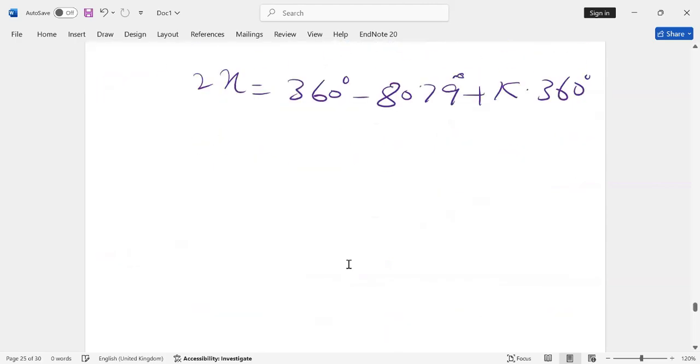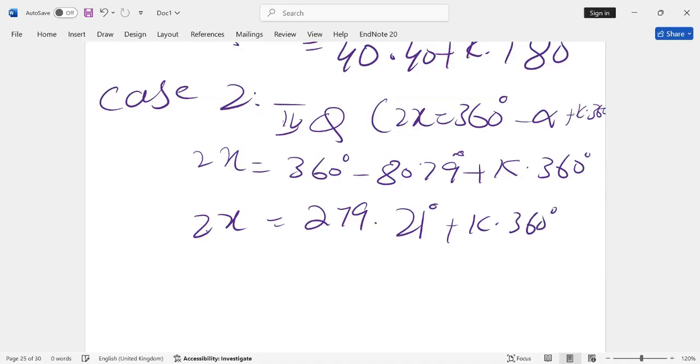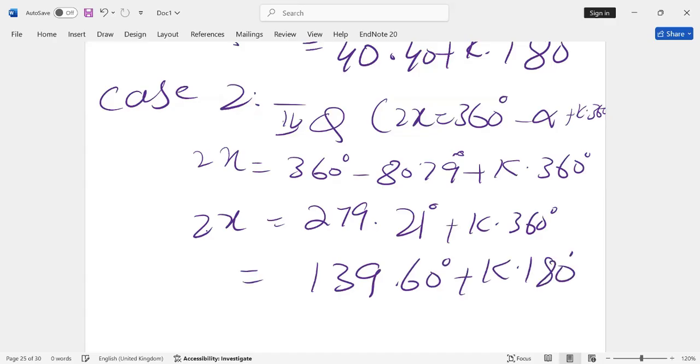So we have 2x equals 279.21 degrees plus k times 360 degrees, so x equals 139.60 degrees plus k times 180 degrees. So we have the value of x, where k belongs to the integers, and this is the required thing that we need to find out in this question.